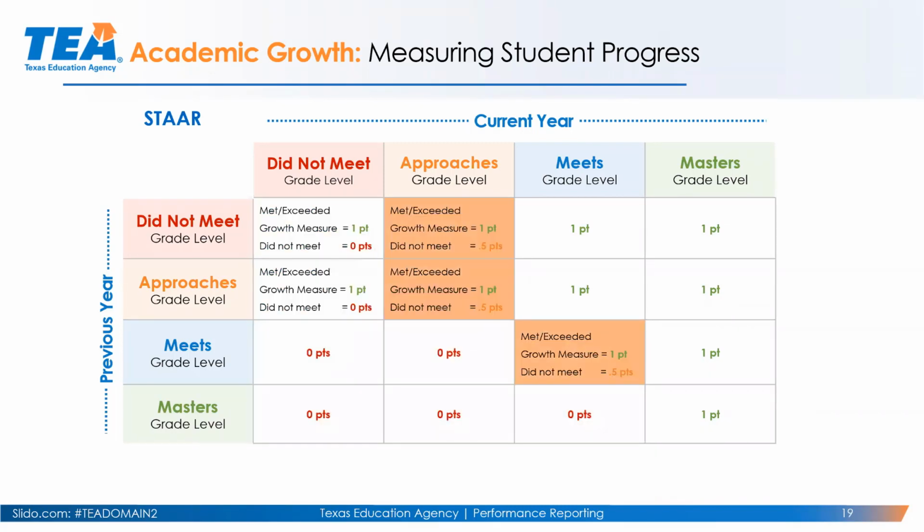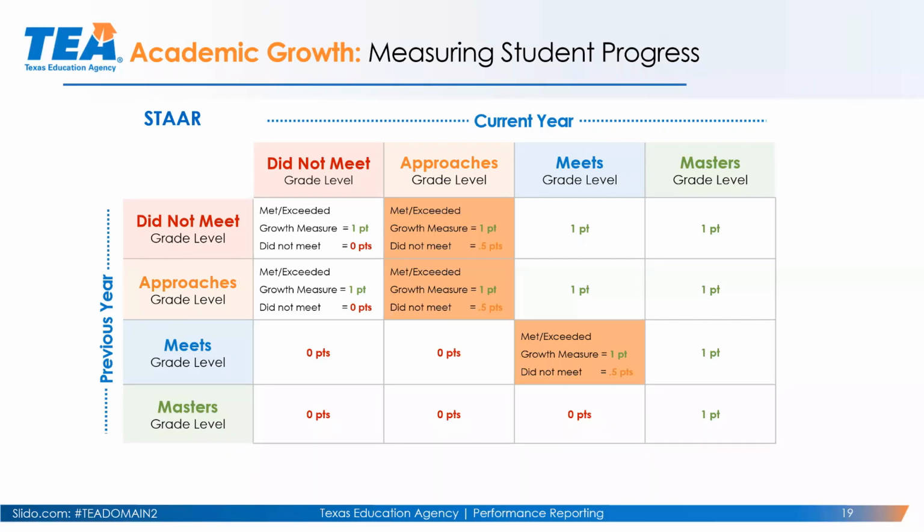There are 3 different ways to earn half a point of credit. Half a point is awarded for maintaining proficiency even if the STAAR progress measure expectation is not met. For example, a student had meets grade level performance in the previous year and meets grade level performance in the current year. If the student's progress measure was categorized as limited, then the student did not meet growth expectations on STAAR.